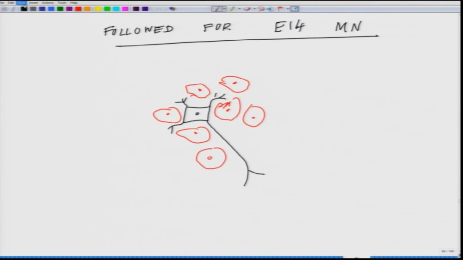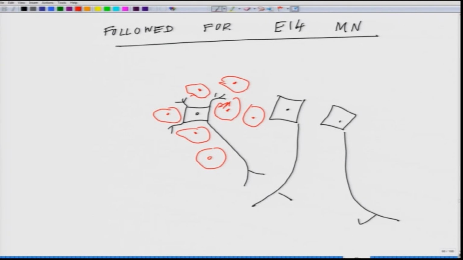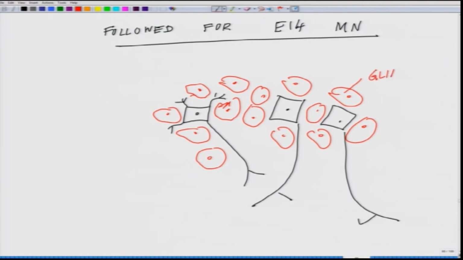These glial cells pull those excitatory neurotransmitters away from the system very fast. In other words, those glial cells act as a sponge. So, here you have the glial cells, here you have the neurons.